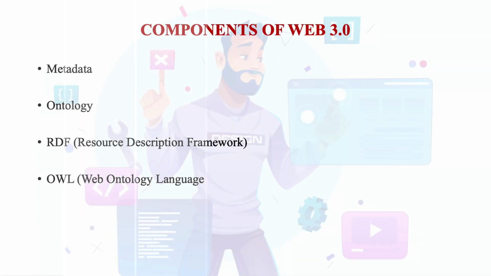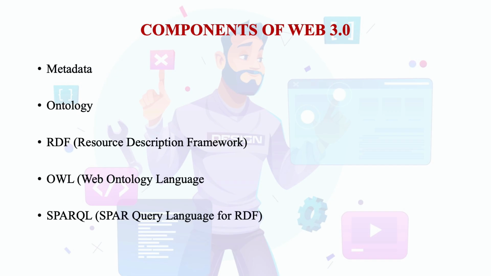So OWL is the web ontology language that will be useful for Web 3.0 programming. And then there is another query language that we can talk about in order to query the web. That is SPARQL, the query language for the resource description framework. So these are the essential components for Web 3.0.